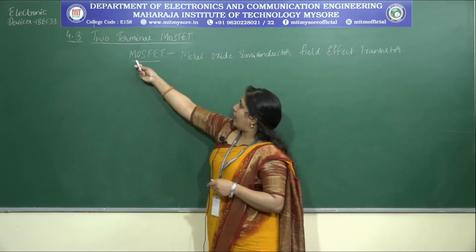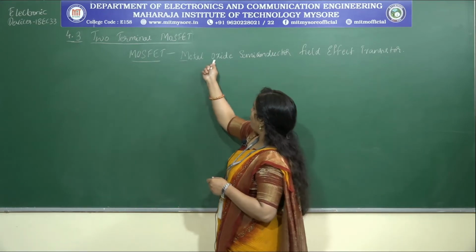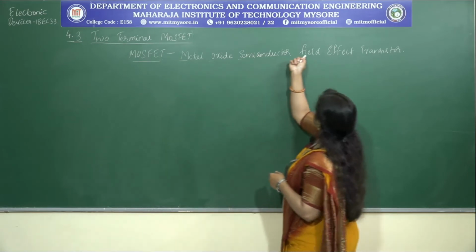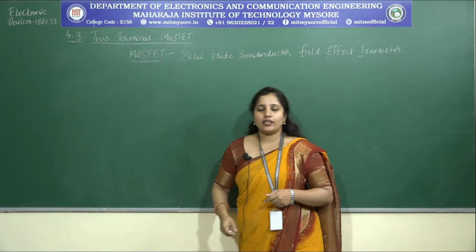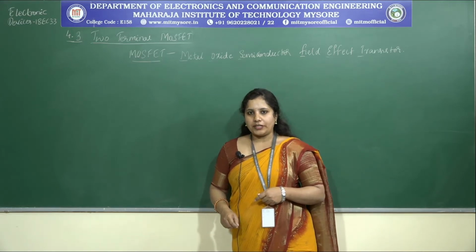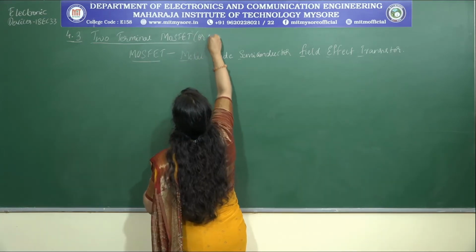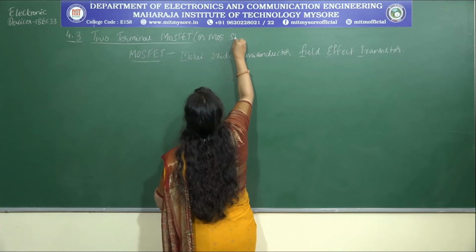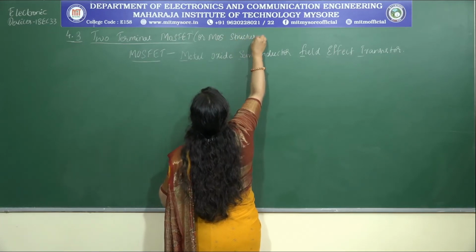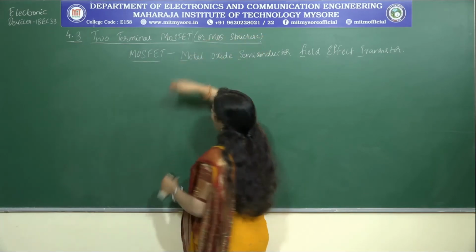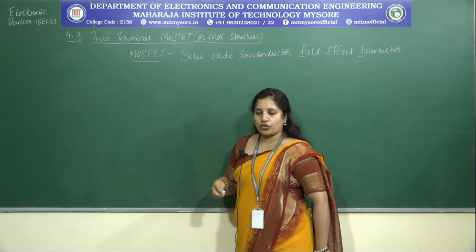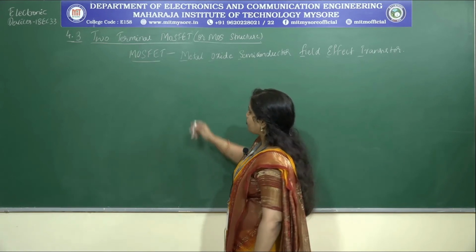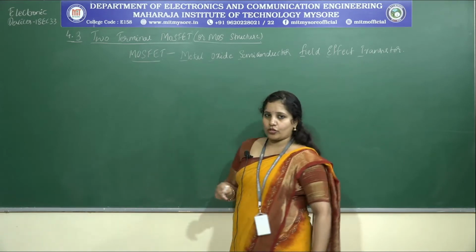M is derived from metal, then O, S, F, E, T. Got the point? That is why the short form is MOSFET. Or in the textbook it is named as the two-terminal MOS structure. Now we know the full form of MOSFET.